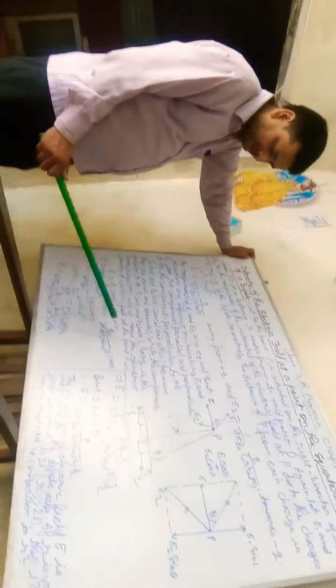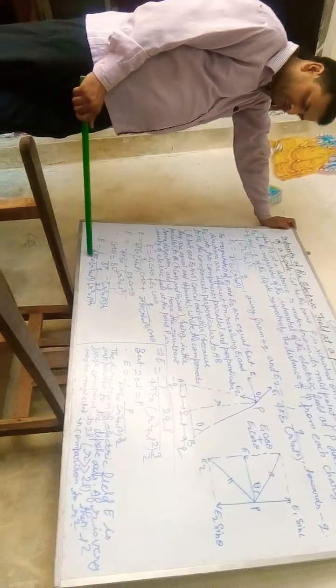Since cos theta equals BO upon BP according to this triangle, it equals l upon under root r square plus l square.